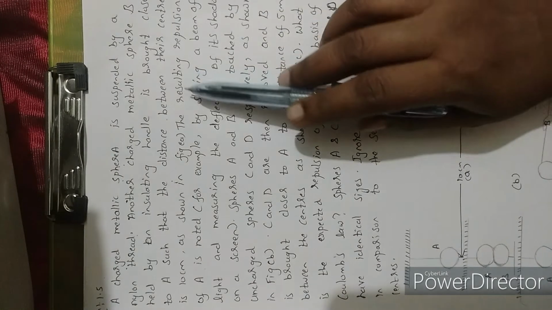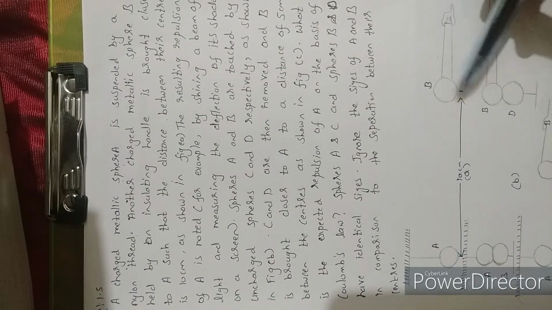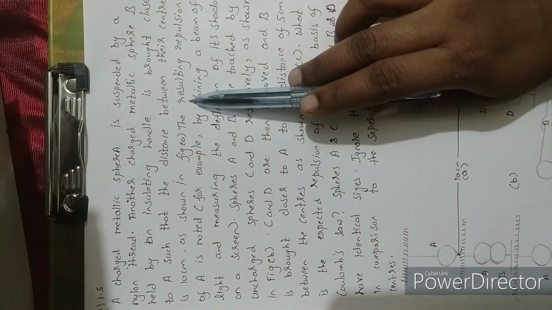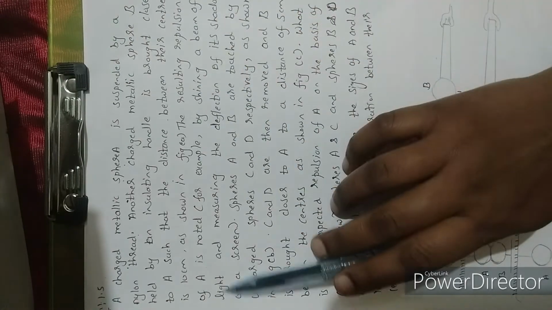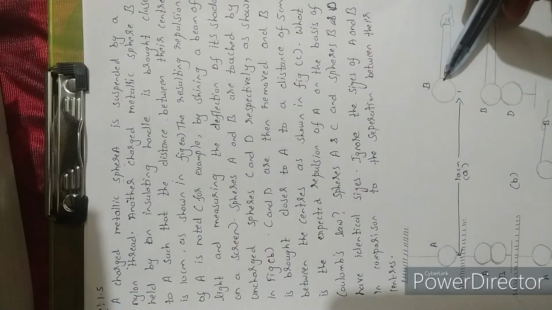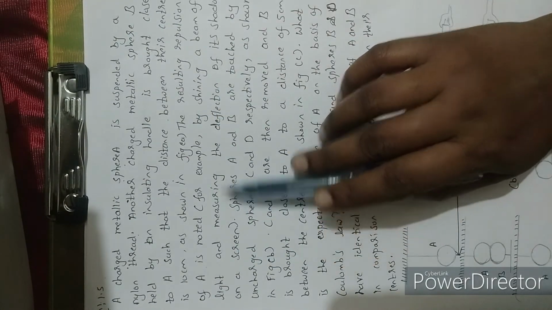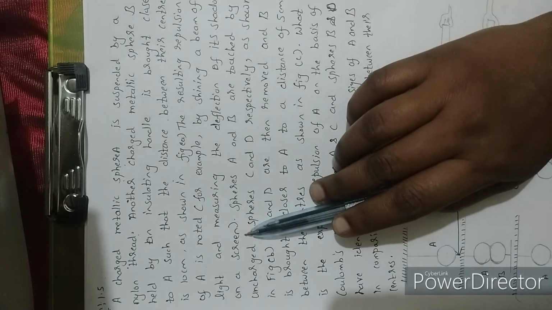Now you know that both the spheres are being separated. Their resulting repulsion of A is noted. So A is being repelled by B. That's given, for example, by shining a beam of light and measuring the deflection of its shadow on the screen.